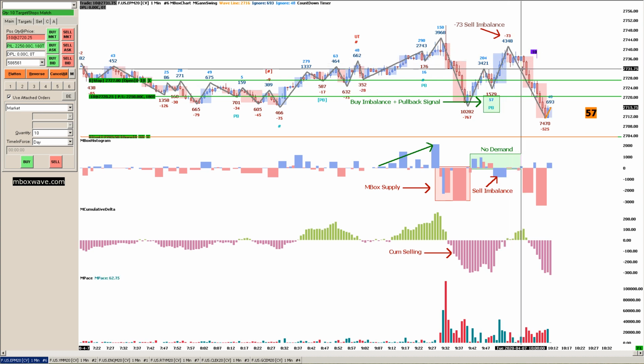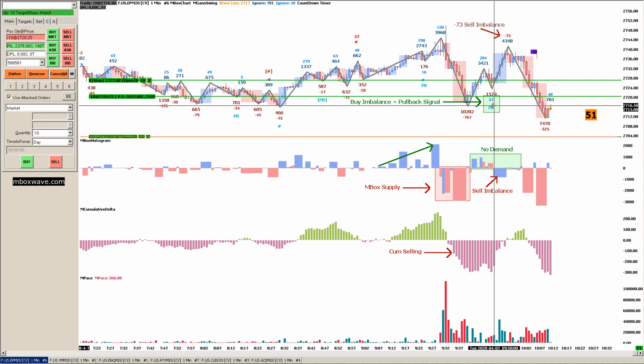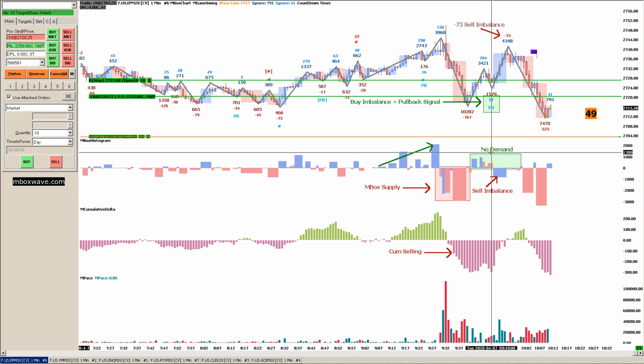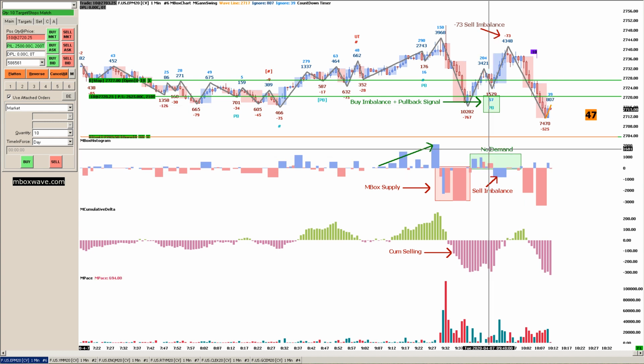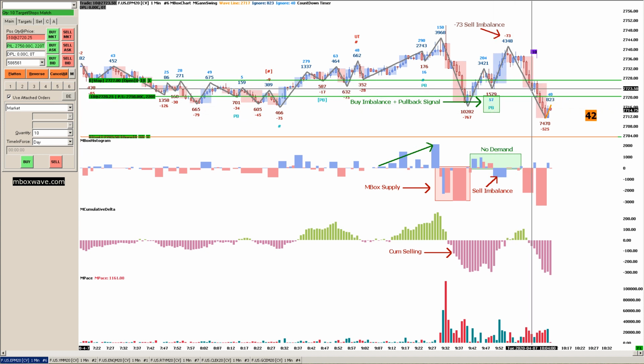So when it started coming back down, I saw this was a buy imbalance plus pullback signal, but you wouldn't trade that because there's no demand here. In fact, it gives us actually a bearish confirmation because price started to come down, and we broke down below this area.